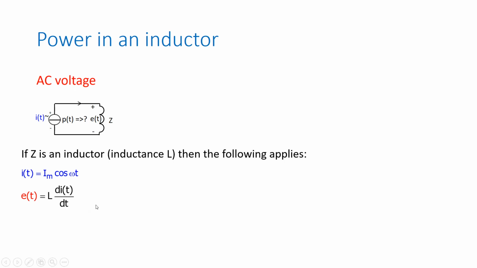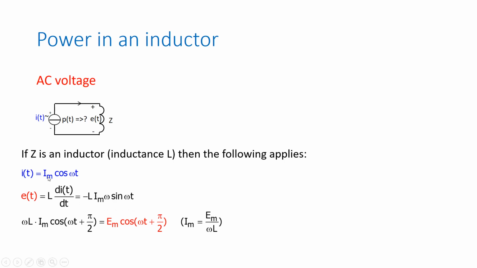Let's do that mathematical expression and then we get E is L times the derivative of this function, so L times Im, the amplitude of the current, times the derivative of a cosine, which is minus the sine of omega times t, the minus over here, and then we have to use the chain rule, which says that we have to take the derivative of omega times t, which brings us omega over here. So this is my expression for the voltage.